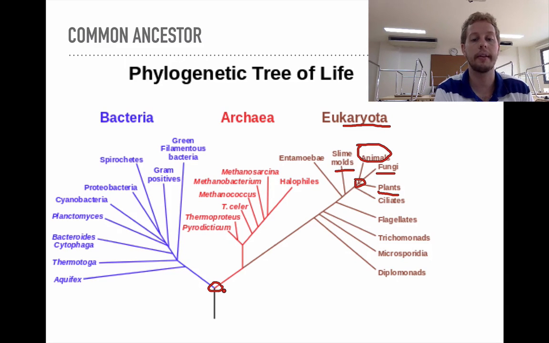This common ancestor does not have much in common with us as animals anymore, but at the very basic level, this is the most basic living organism that came into being with the use of DNA. And from that, over time, we've evolved and we've become bacteria, archaea, eukaryota, and we continue to evolve even to this day.